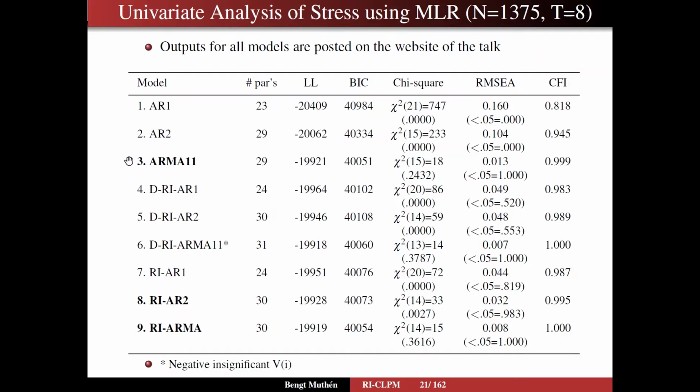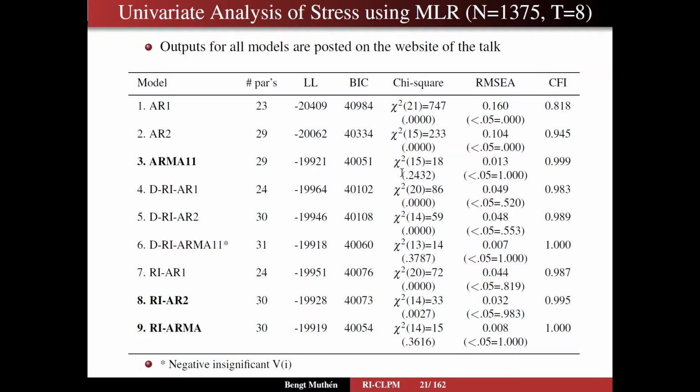Now you can take the approach of ARMA, that is an autoregressive moving average model. 1, 1 here means that it's autoregressive of order 1 and moving average of order 1. You have the same number of parameters as the AR2 model, but the likelihood is much better, and for the same number of parameters, therefore the BIC is much better.